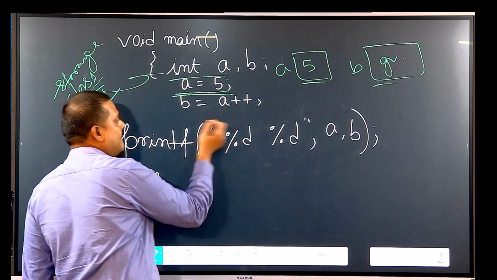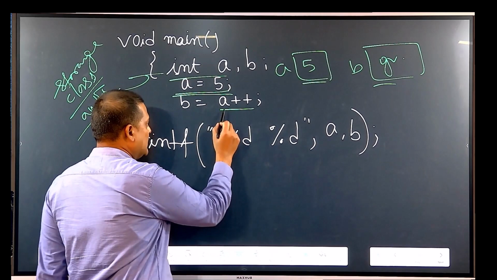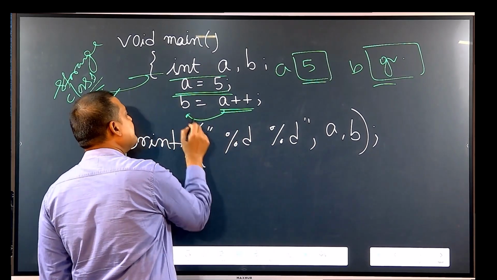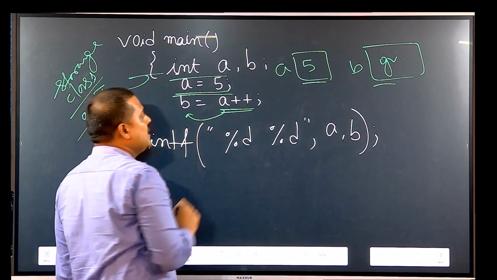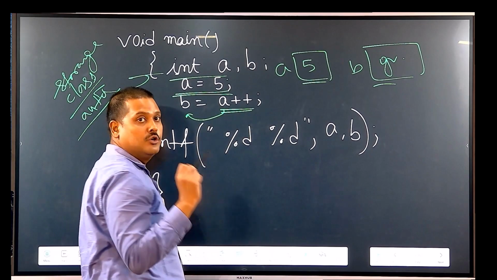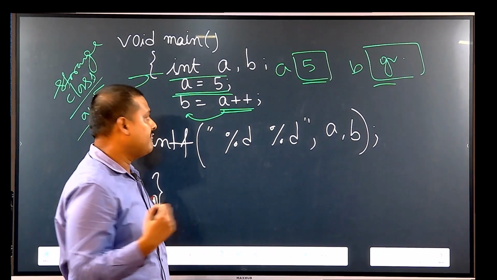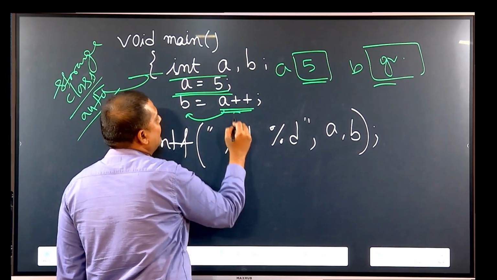Now what we are performing is B equal A plus plus. What does it mean? There are 2 things. One is incrementing, and the other is assigning this value in this place. So this is post increment. So the increment operation will be performed later, after. The task is to assign the value here. What is the value of A? The value of A is 5.